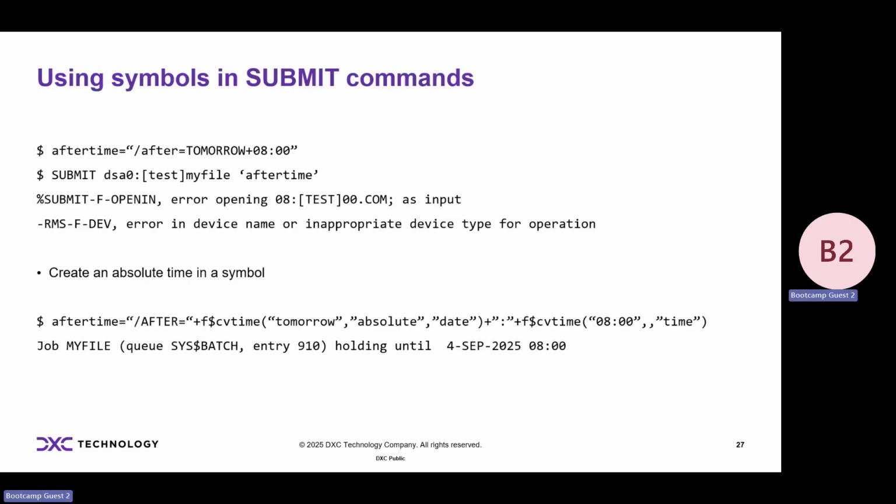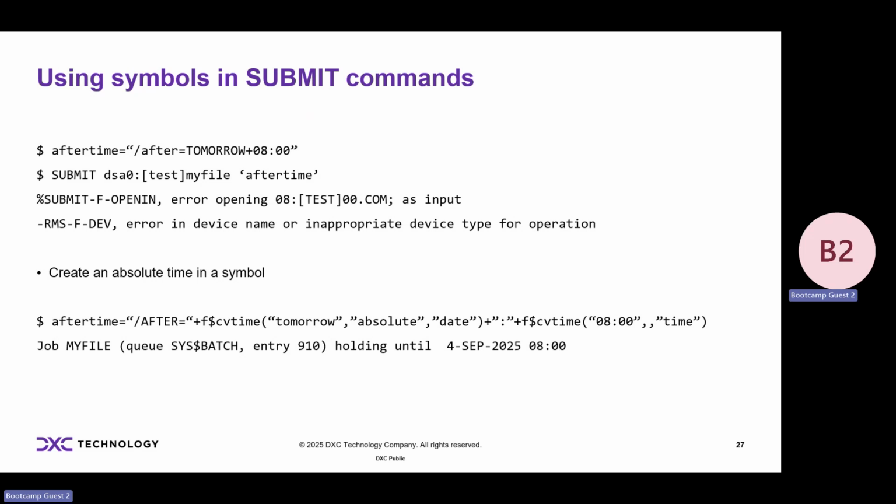This was a bug in my procedure. I didn't quite understand why it was doing it, but when I dissected it, it made a bit of sense. I wanted to generate a date and time and say /after, and I was getting this error opening 08 test 00. I'm thinking, what's going on here?